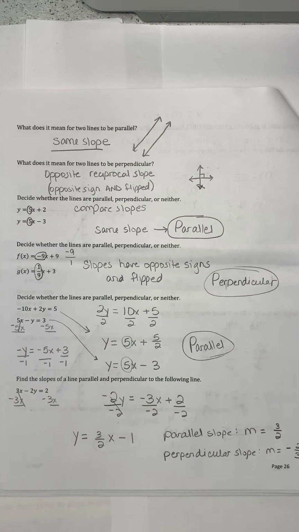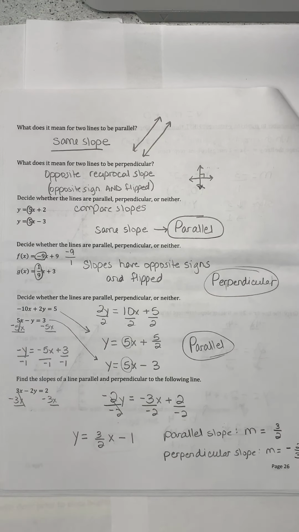And that is going to give us a parallel slope and a perpendicular slope. And there we have it. Okay. All right. So that kind of sums up the parallel perpendicular situation, and that finishes up Module 9, Homework 1.